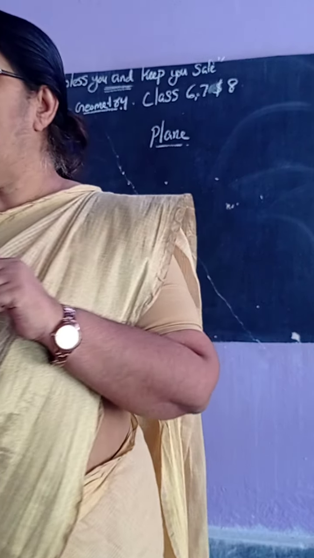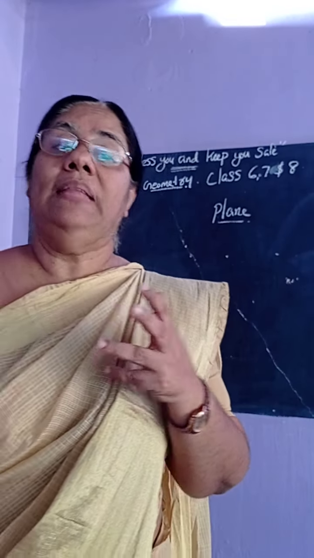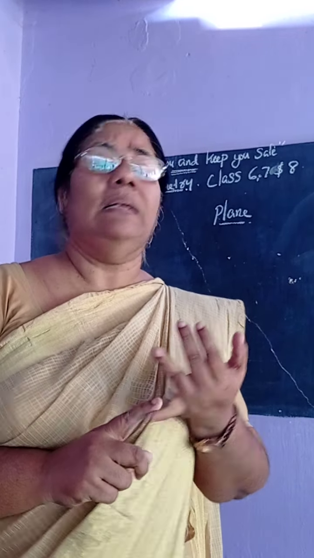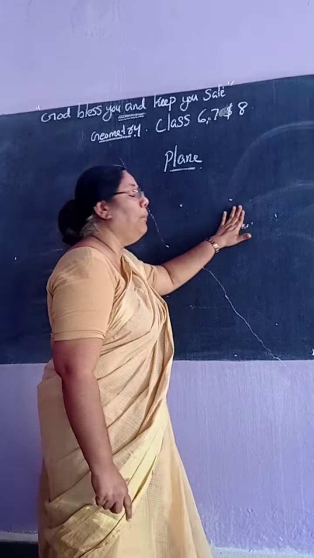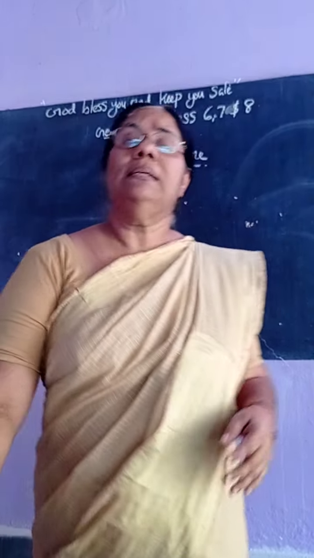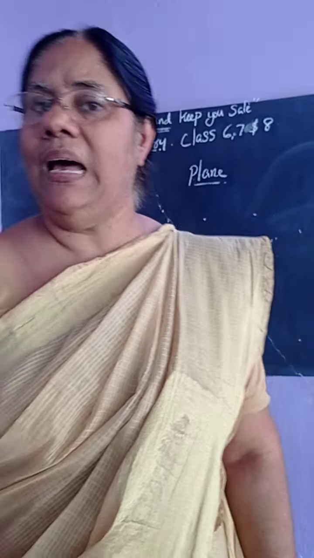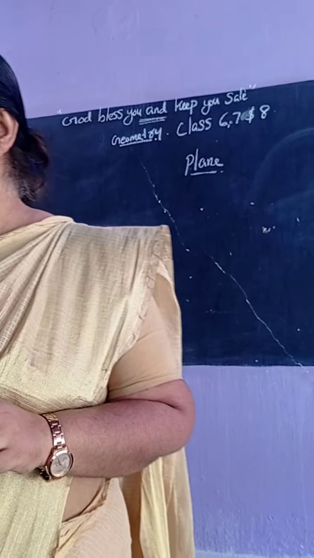Okay. Now, a plane has no boundary. Can you say the examples of a plane? This wall or this board or the surface of this sheet of paper. Understand? These are examples of plane.